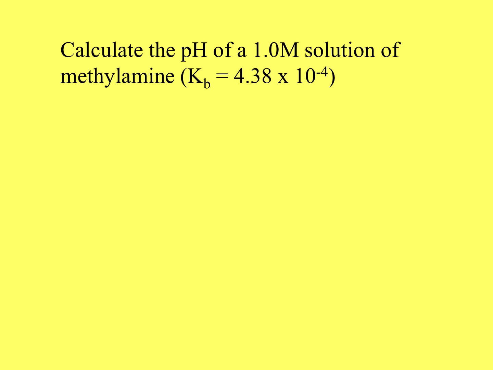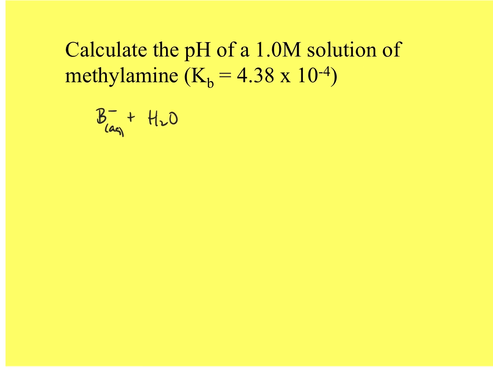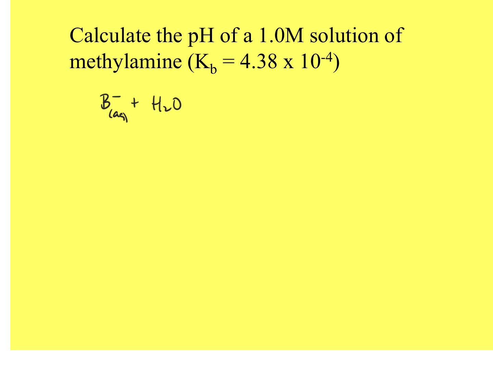So for methylamine, I'm going to call this B negative to represent a base. As it undergoes hydrolysis with water, we want to make sure this is aqueous, and this is the liquid. It's going to undergo equilibrium, gain a hydrogen, and also create hydroxide ions, because bases produce hydroxide ions in water.